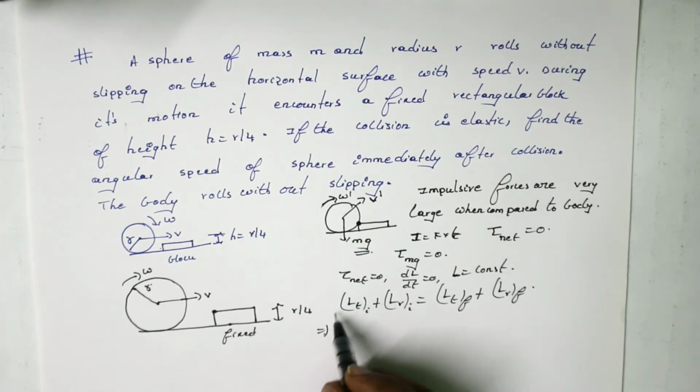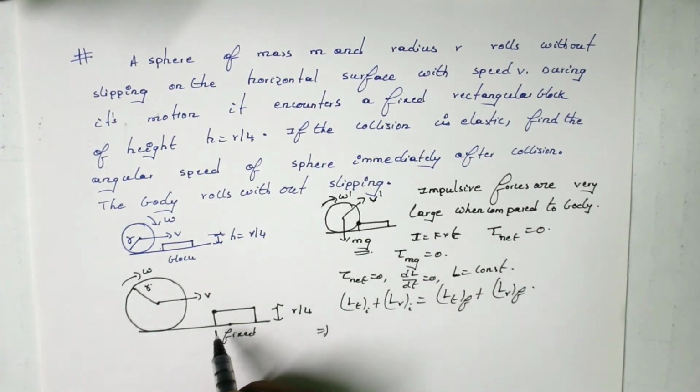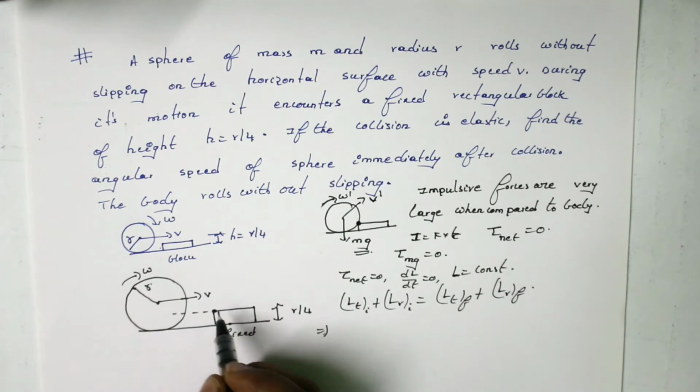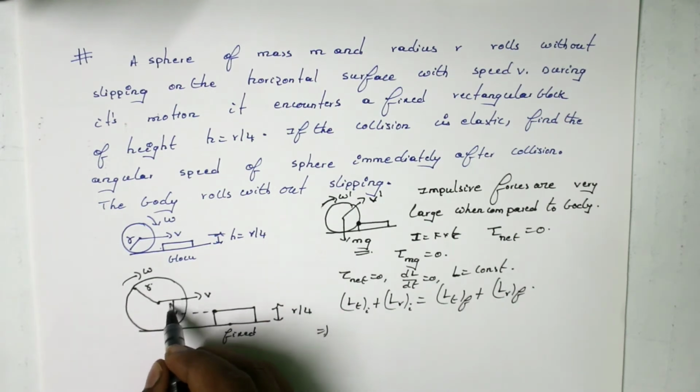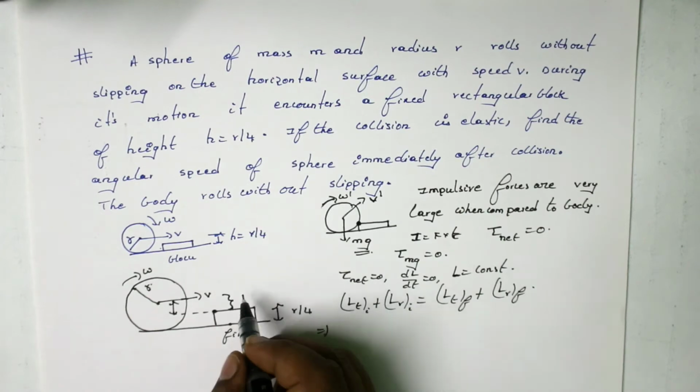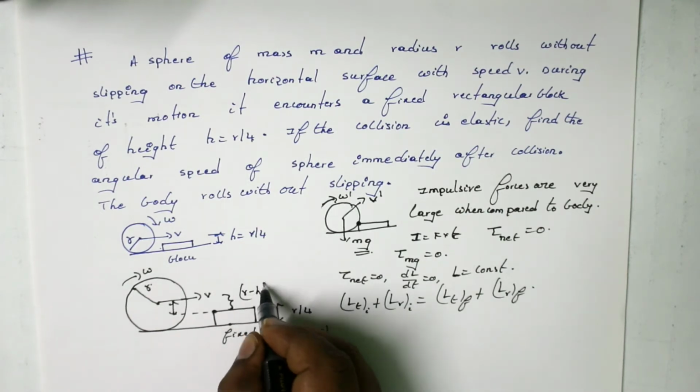So because of translatory motion, how much angular momentum does it have? This is a velocity of v, and I want the perpendicular distance from the axis of rotation, and this distance is nothing but r minus h.